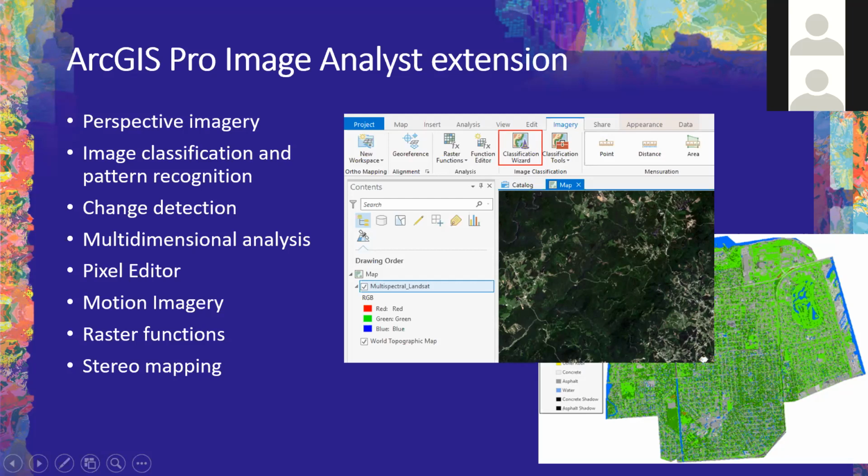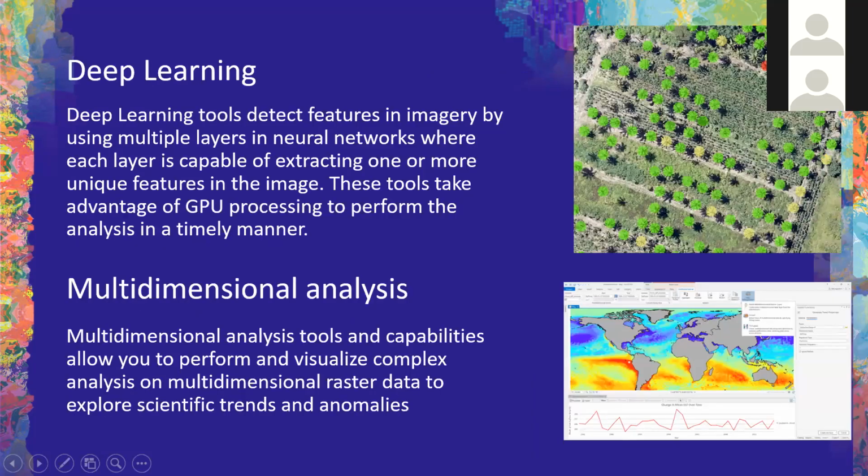And recently, in the last few years, deep learning methods like artificial neural networks have been combined into this extension to detect certain features by customization and identifying the features using different pixels.